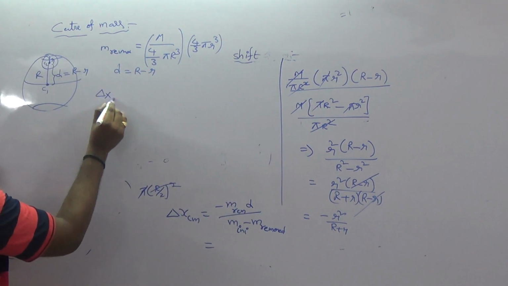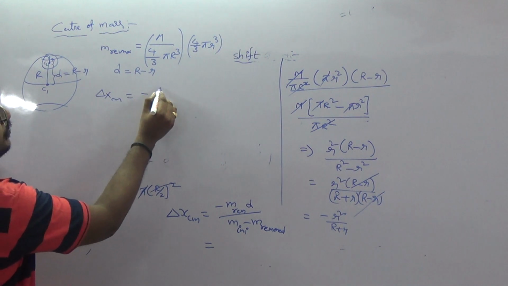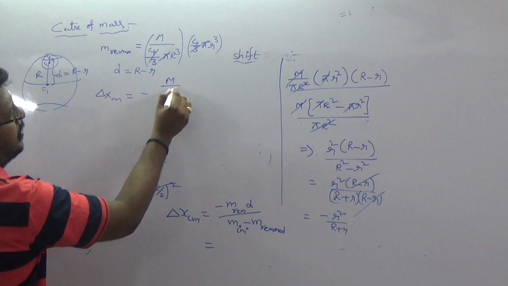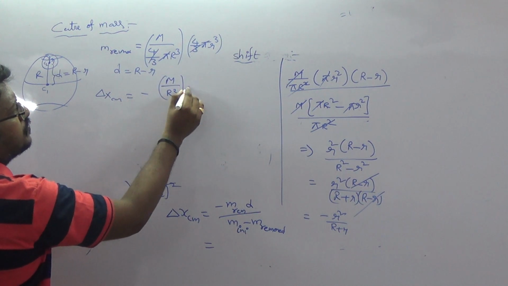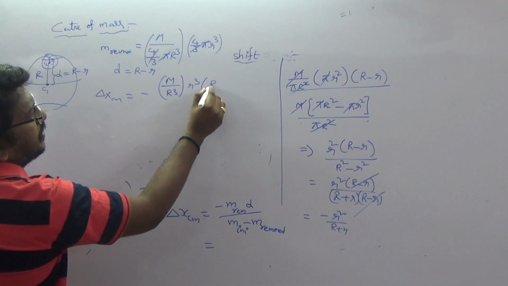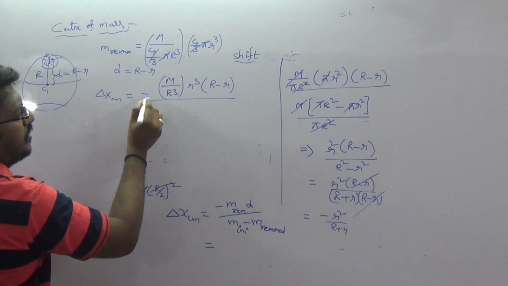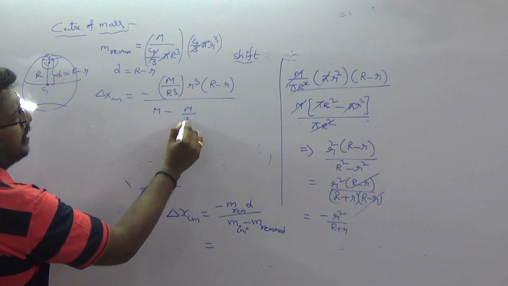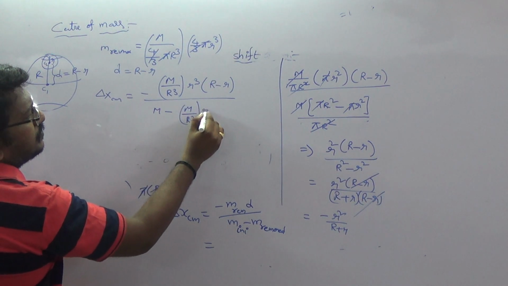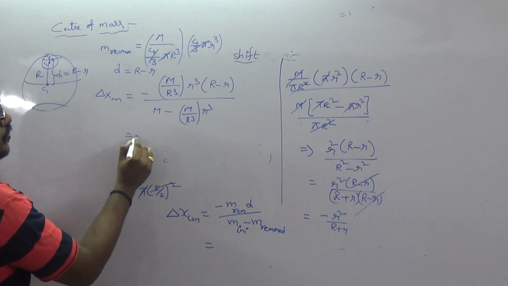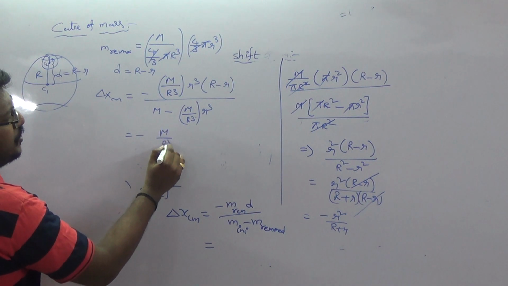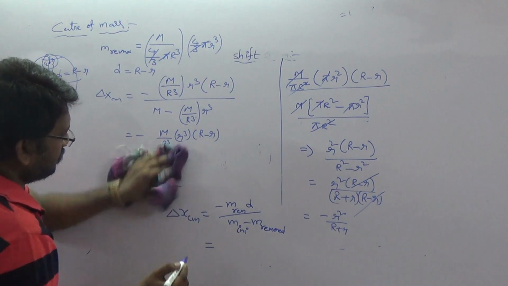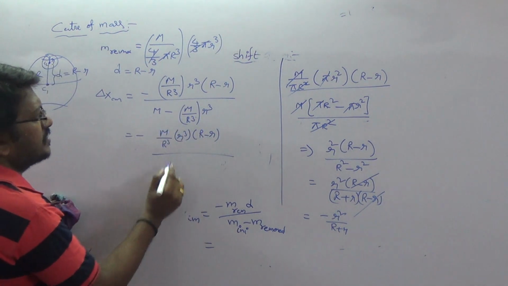Delta xcm is equal to minus removed mass. 4 by 3 pi, 4 by 3 pi get cancelled. So capital M by R cube into small r cube into d, capital R minus small r, by initial mass M minus M by R cube into r cube, that equals minus M by capital R cube small r cube into capital R minus small r by LCM.